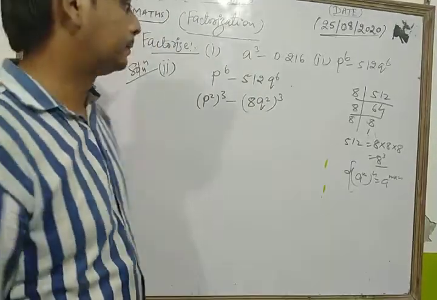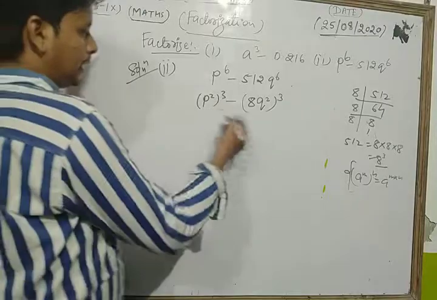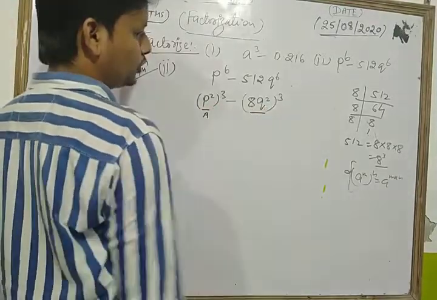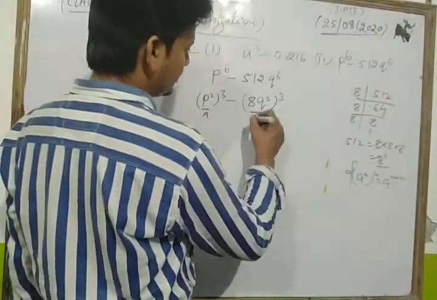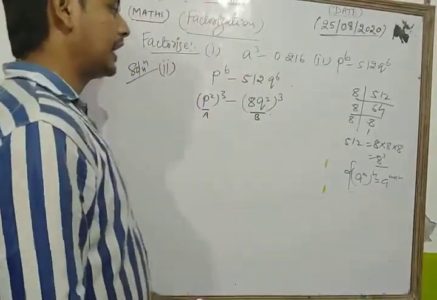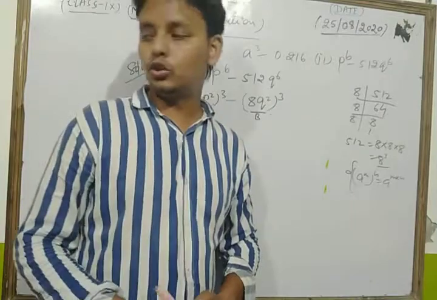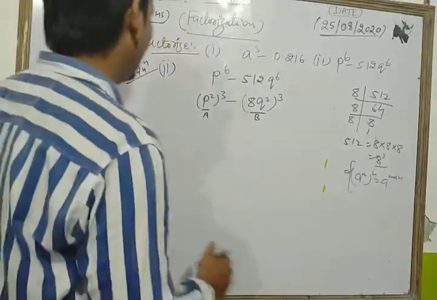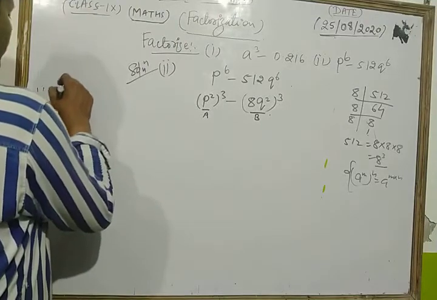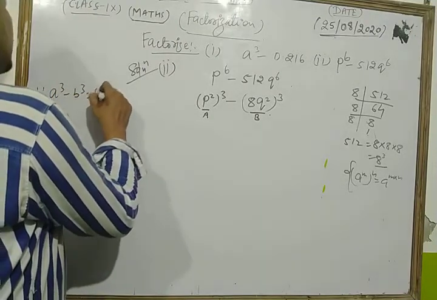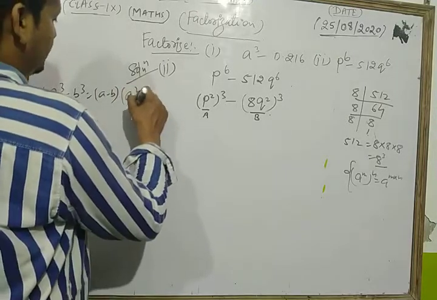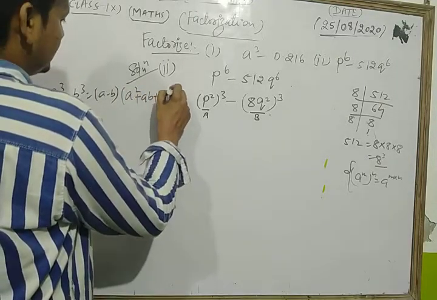Now look, here we apply the identity. Suppose that p square is taken as a and 8q square is taken as b. So here we apply the formula a cube minus b cube. You know, dear students, the value of a cube minus b cube is a minus b in one bracket, and in another bracket a square plus ab plus b square.